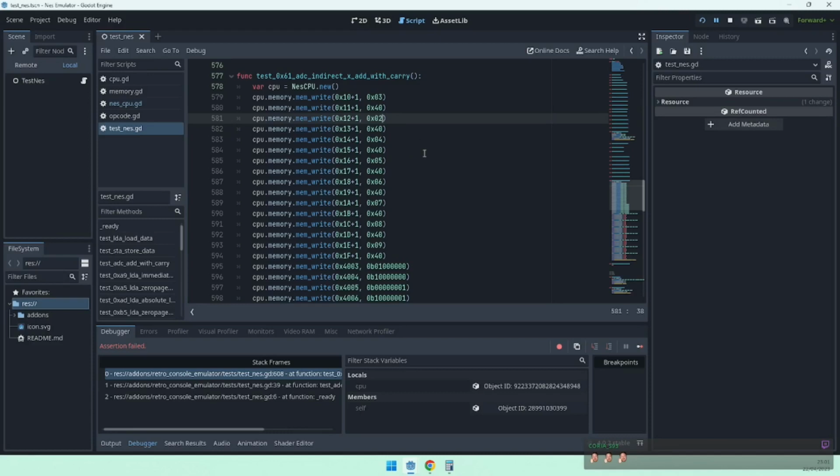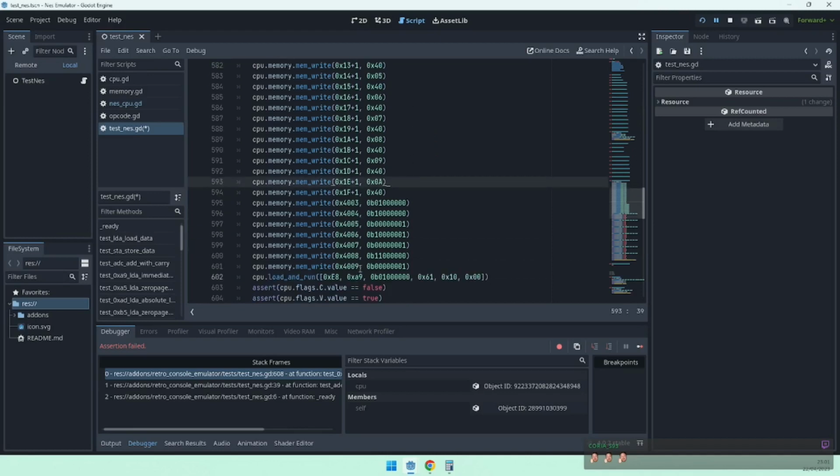This one should be 4, not a Q. Five, 6, 7, 8, 9. 10? No, it's not 10. 8. No, okay, this is not even needed.